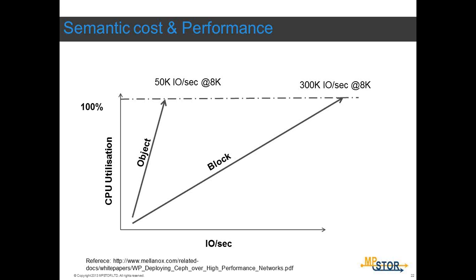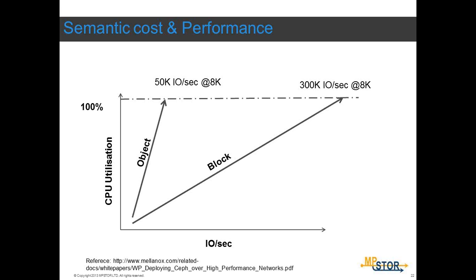What they show is that if you look at CPU utilization and IOs per second, you see two things. One, you see that object storage quickly saturates a machine at a far lower IOs per second than if you're doing it at block.